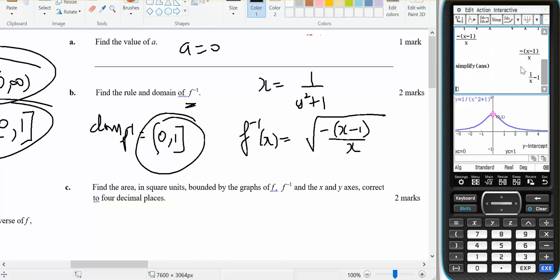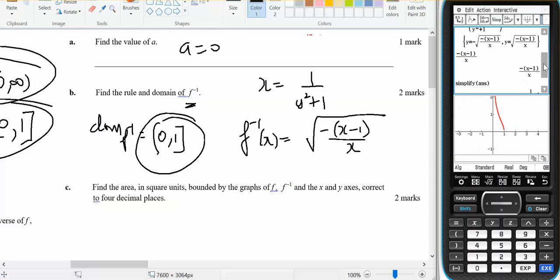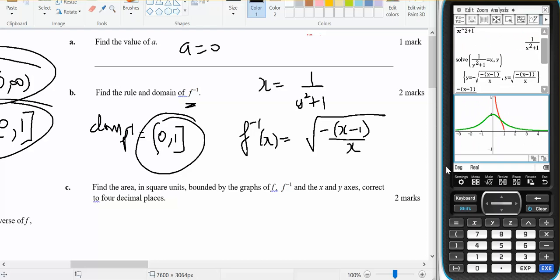Find this, so now I'm going to grab this and sketch it as well, and grab my original. So the area bound in square units, if I'm looking for the intersection, it's going to be 0.6823.